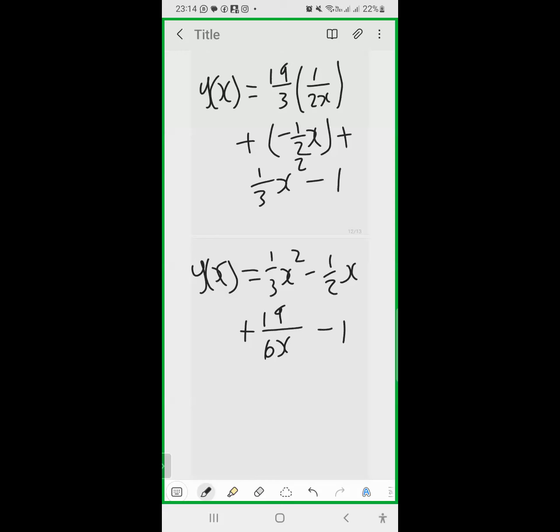Is there any term that I left out? There's no term left out, and this will be the solution to the initial value problem.